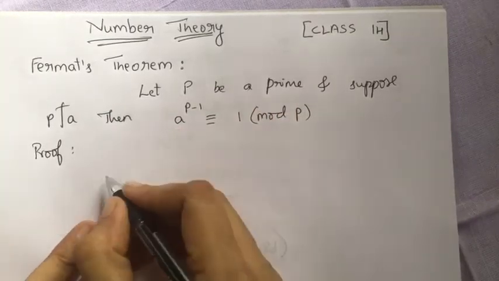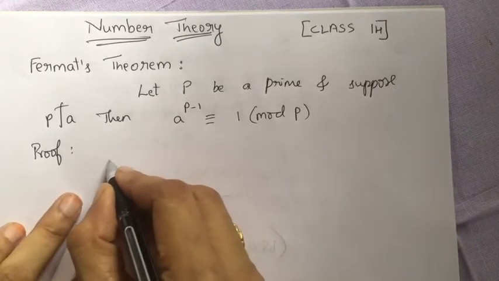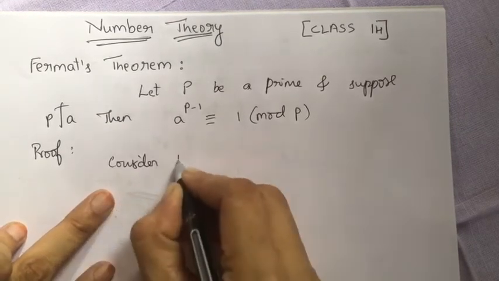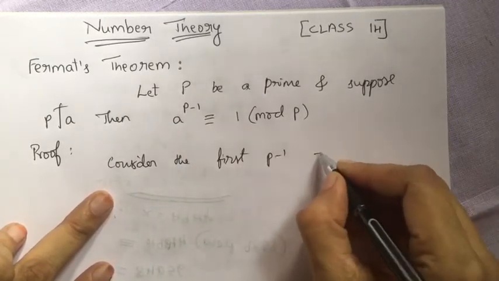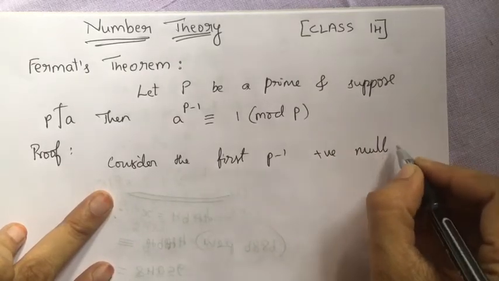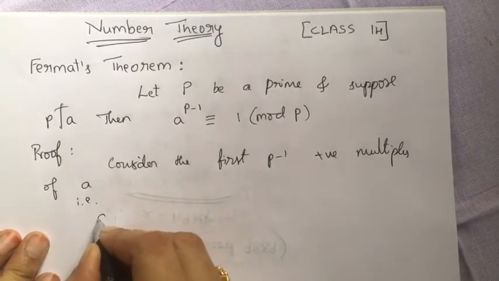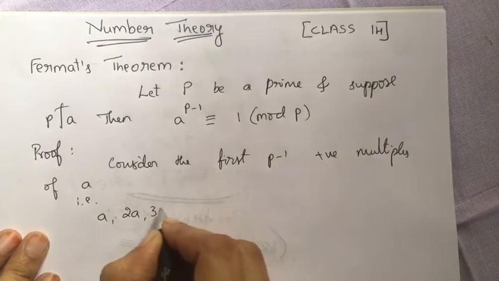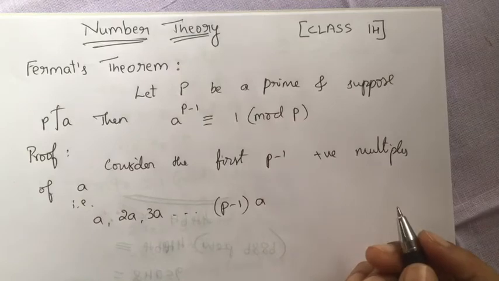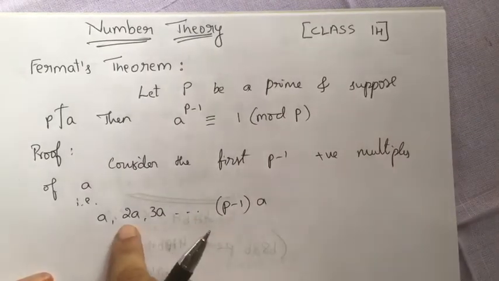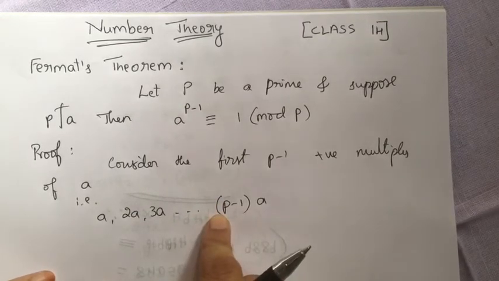First p minus 1 positive multiples of a. Observe that none of these numbers are congruent to any other with respect to mod p.